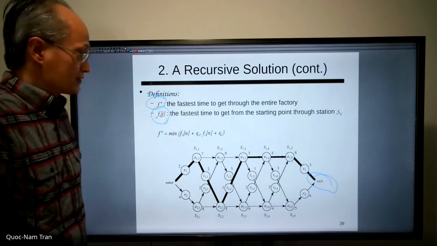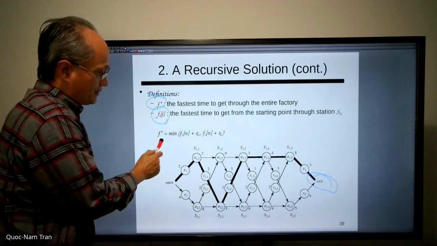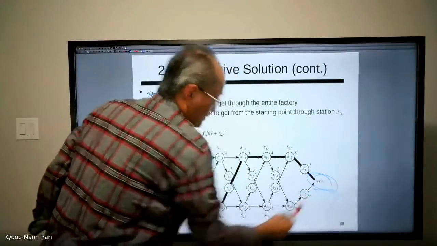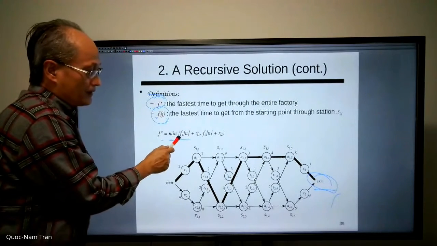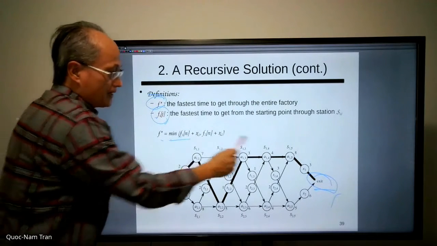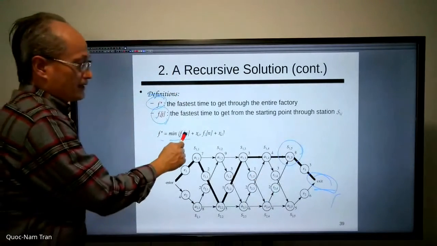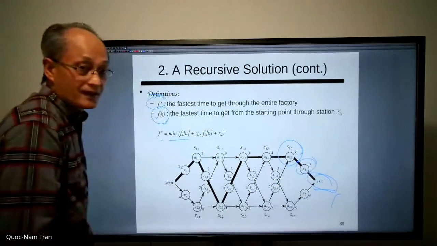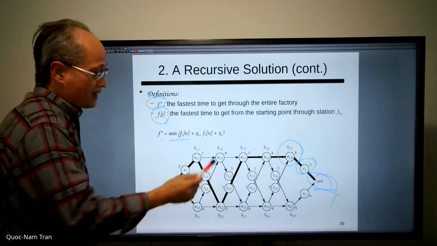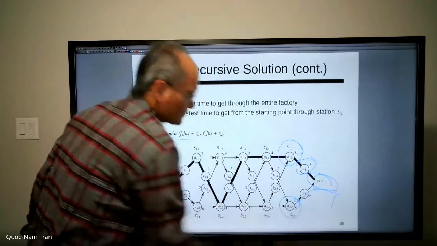So the cost for this place will be the min of F1n here plus the extra cost, and F2n here plus the extra cost.